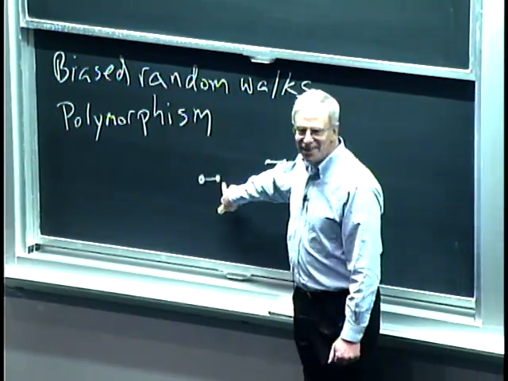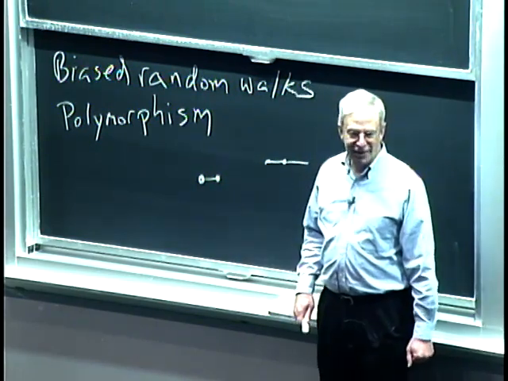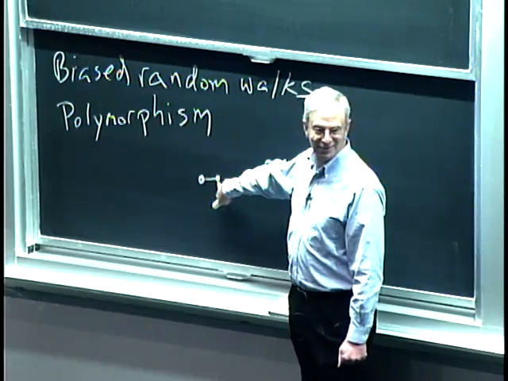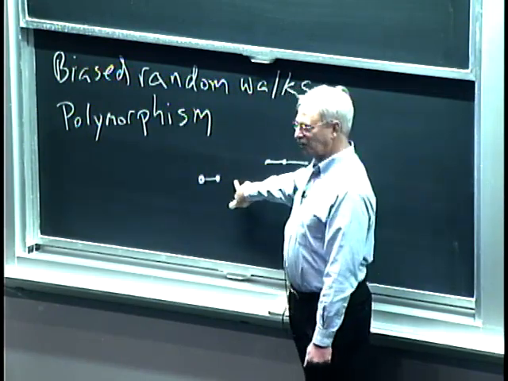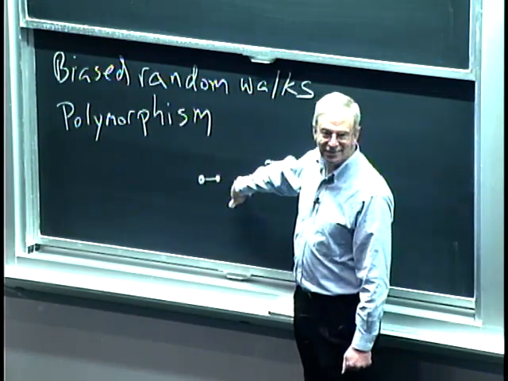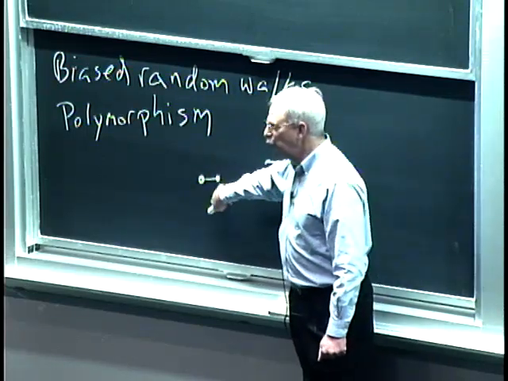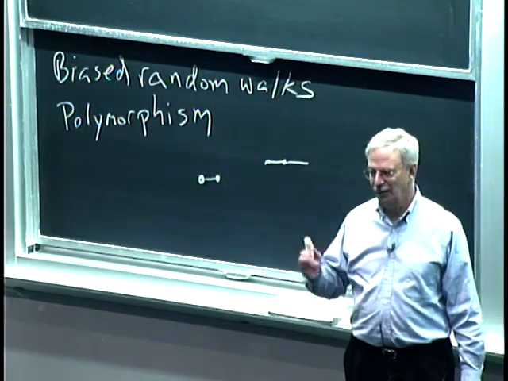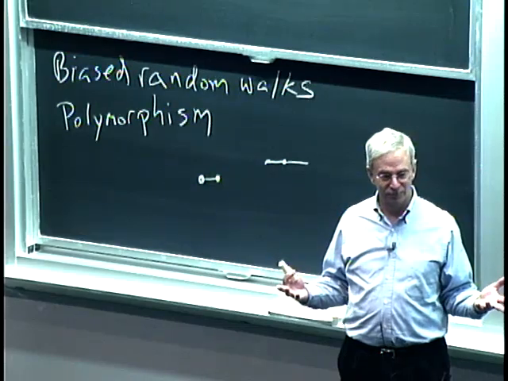But once I've taken a step, and I happen to be here, my expected location is +1. It's not 0. Because half the time I'll get back to 0, but half the time I'll get to 2. So once I have moved away from where I started, the expectation of where I'll end up has changed.